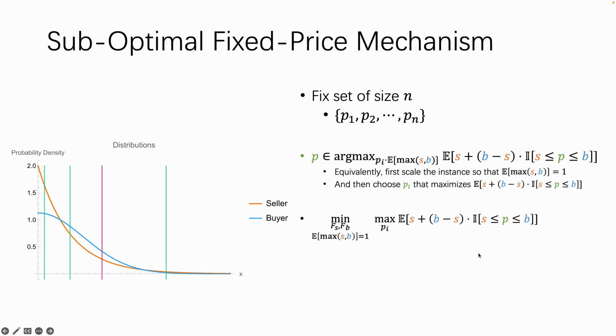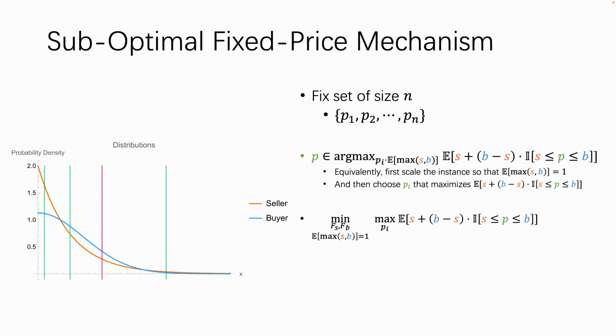Okay, now for this term, one good thing is that the inner maximization problem is a discretized optimization problem. Since we only need to choose the best Pi among all possible n candidates, it looks much simpler compared to the former case where we need to choose the optimal price from all real numbers.